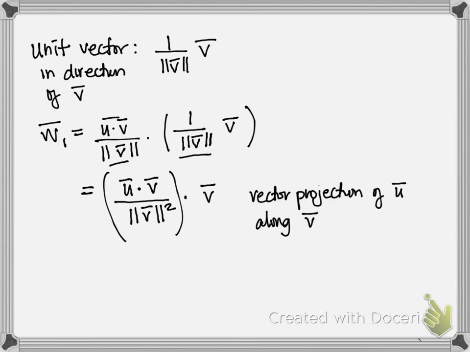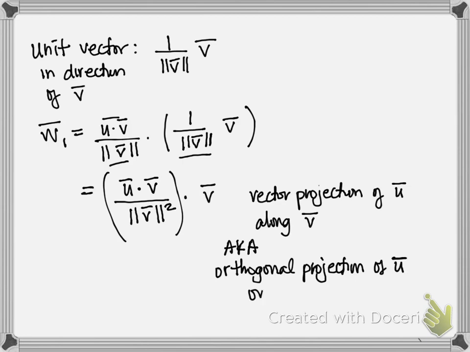Okay, so this is also known as, so I'll put AKA, the orthogonal projection of u onto v. Okay, so a mouthful, but I'm just going to draw the picture one more time here. Here's v.